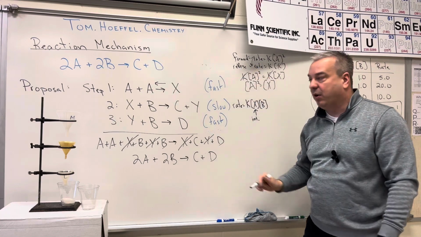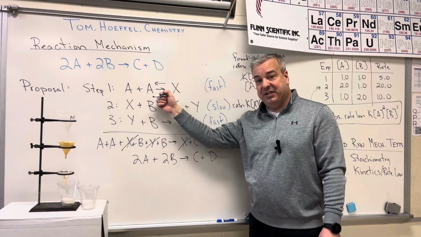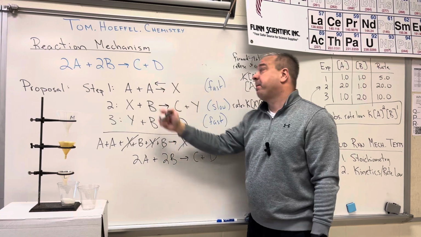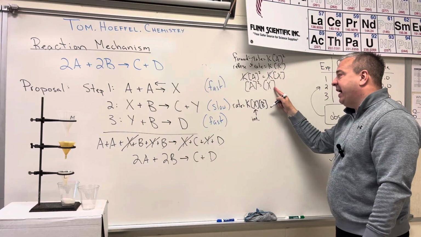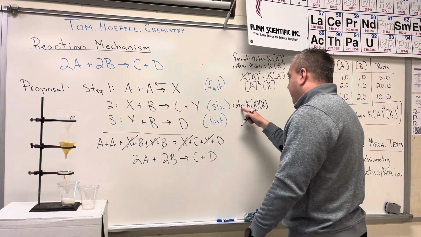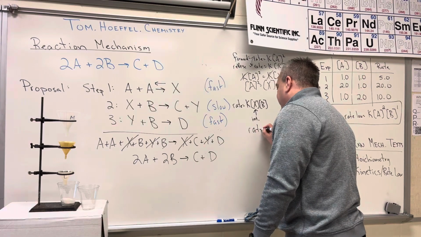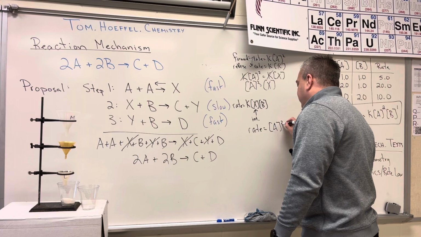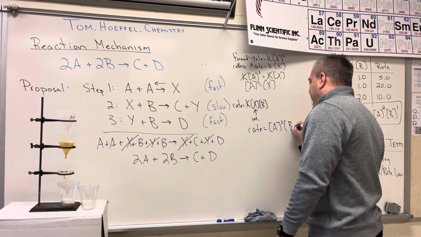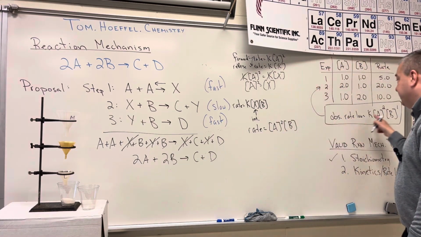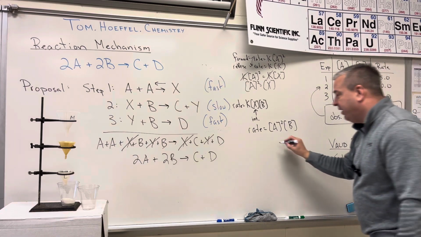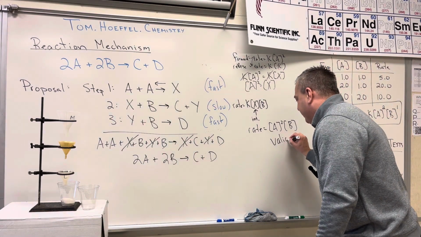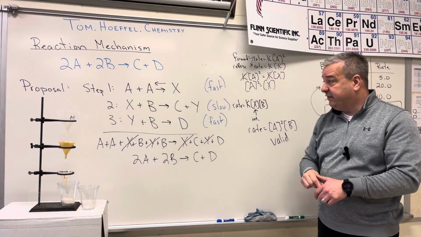By doing this work of saying that this first reaction is in equilibrium, if we substitute X is equal to A squared, this is going to become rate is equal to X, which is equal to A squared, times B. And we see that this does match the observed rate law, and then we would say that this reaction mechanism is valid.